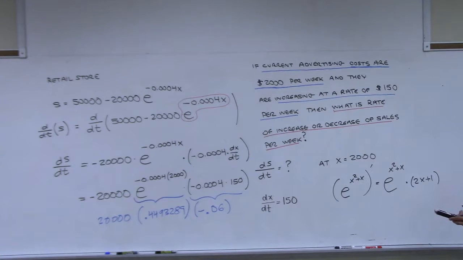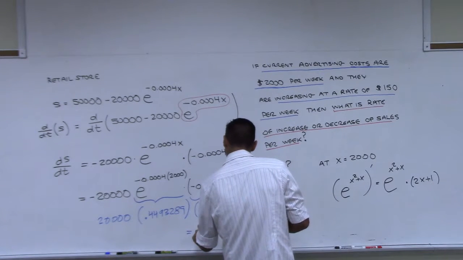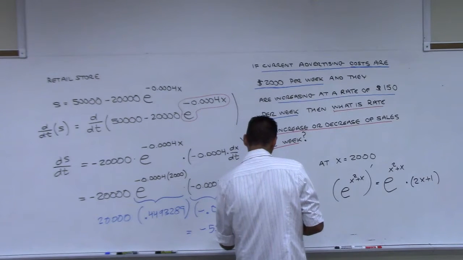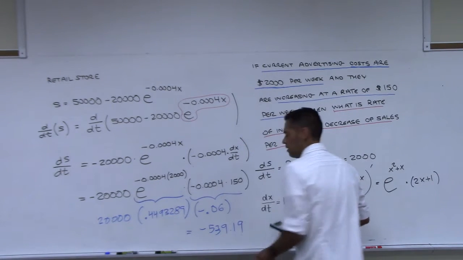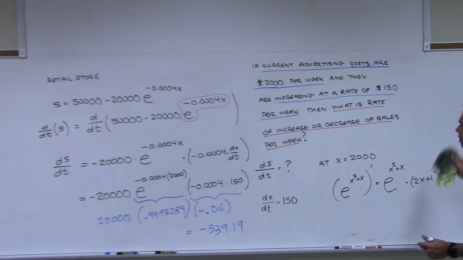So I take all those and multiply them together, and I get negative 539.19. You might have some rounding error there. It's okay. If you're close, that's good.